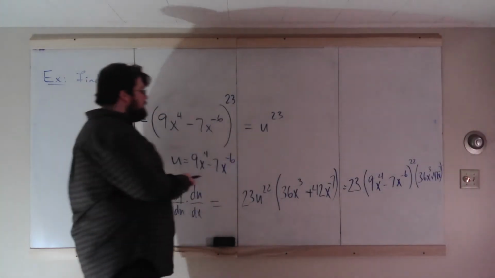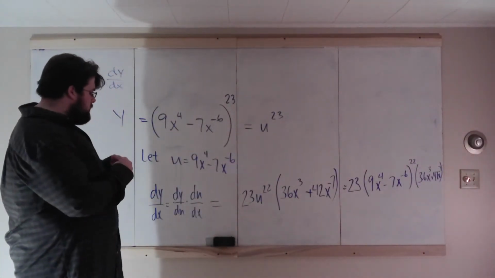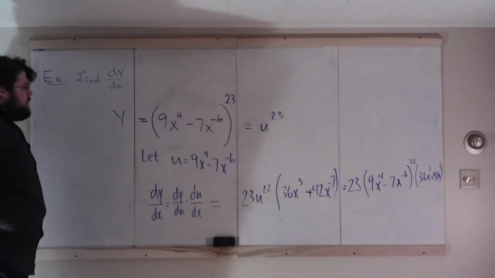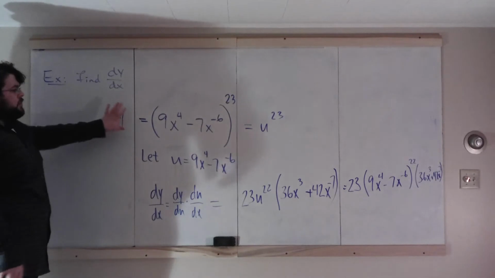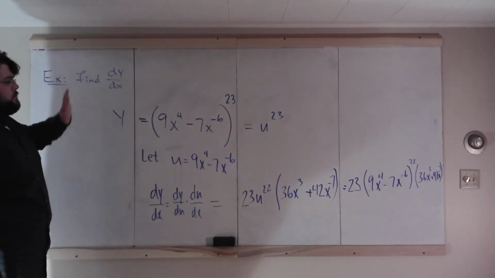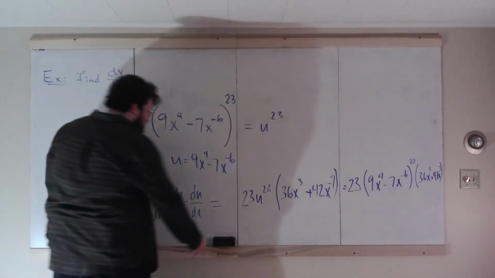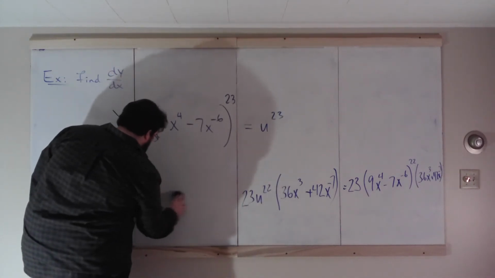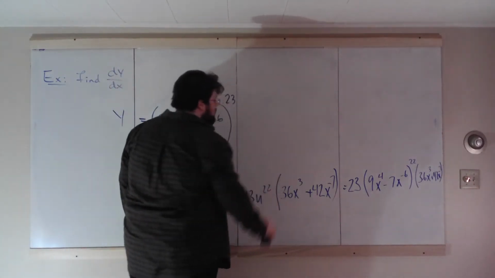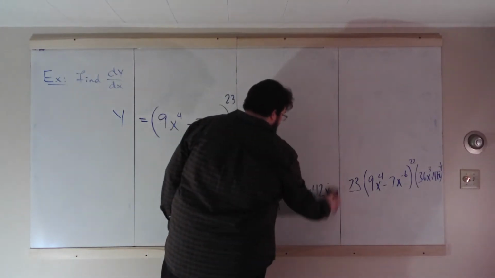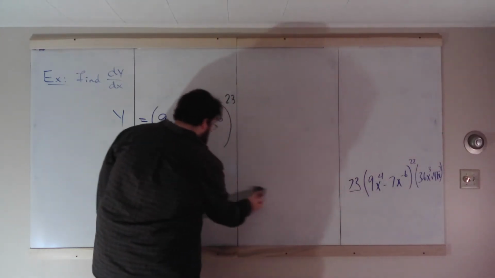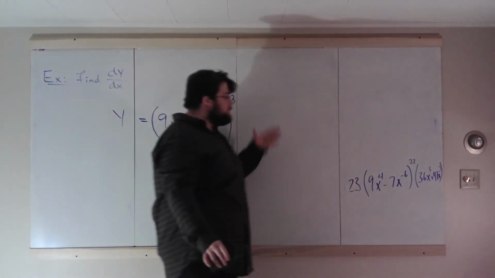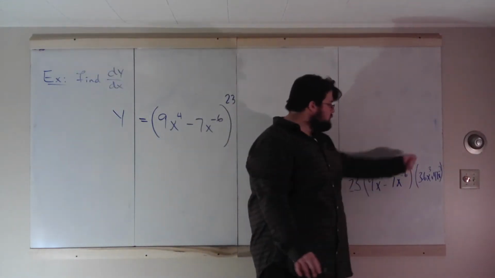So let's look at how we could get this answer in one step. We have here a function raised to the 23rd power. Well, the derivative would be, let's look at our answer, use the power rule: 23 of them to the 22.